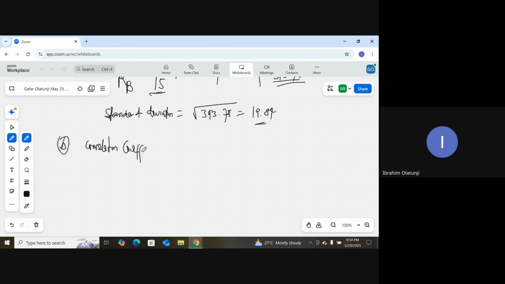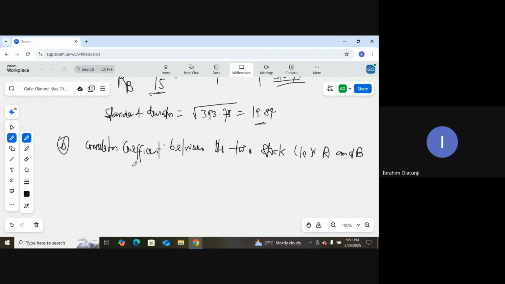Between these two stocks, that is A and B.